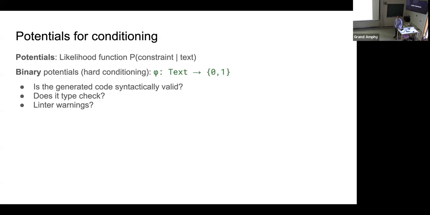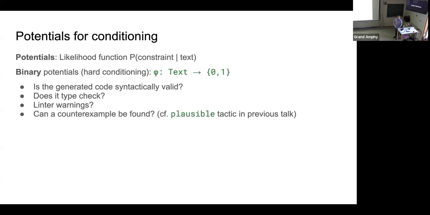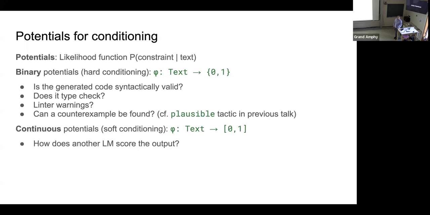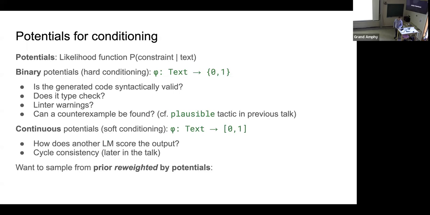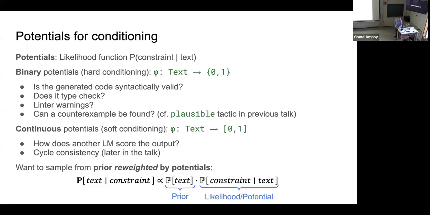Are there linter warnings? And can a counterexample be found? So this could be an application of plausible tactic in the previous talk. And for those continuous soft potentials, you could, for example, have another language model score the output. You could also use cycle consistency, which I'll talk about later. And then we want to sample, again, from the prior distribution reweighted by these potentials.